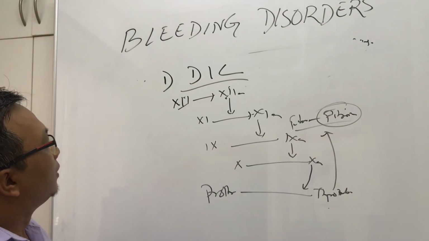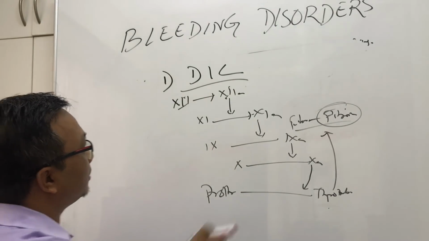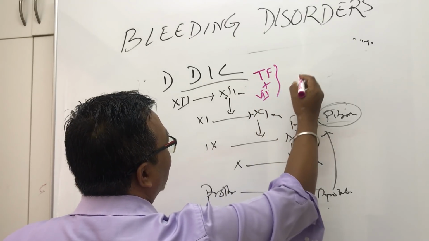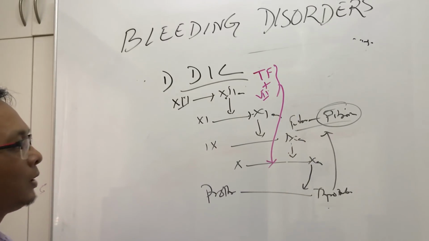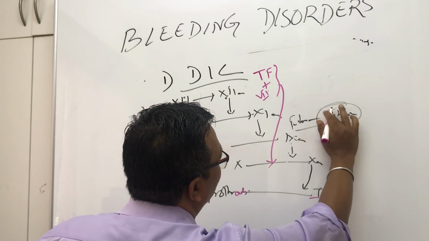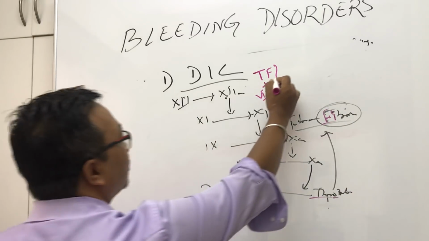So this is the intrinsic mechanism. In the extrinsic mechanism, there is a tissue factor which combines with factor 7, and they usually stimulate this directly. Factor 10 is converted to 10A, prothrombin is converted to thrombin, and finally fibrinogen is converted to fibrin. So this is the extrinsic mechanism.